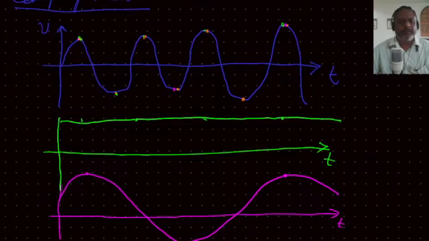That means if the input has a period of T, then the instance where the sampling is done has to be less than T by 2.